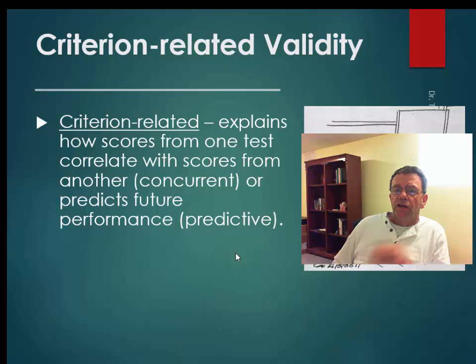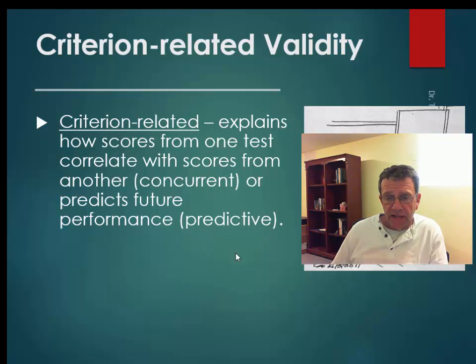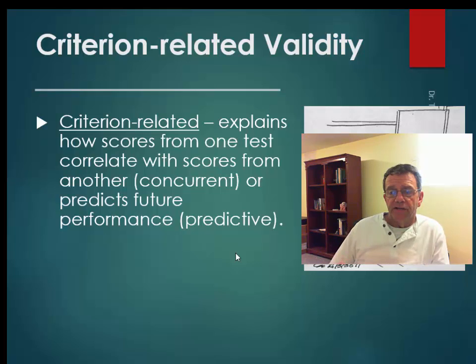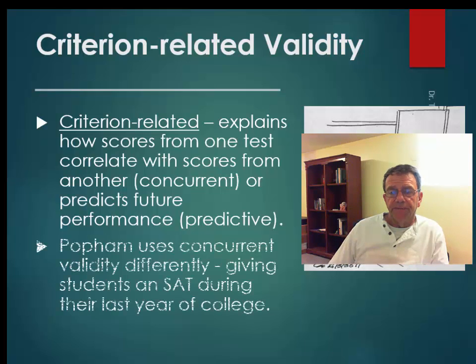Another kind of criterion-related validity is predictive validity, and that is using a test like the SATs to predict success in college, or using a kindergarten screening test to predict success in kindergarten. So that is what we call predictive validity.